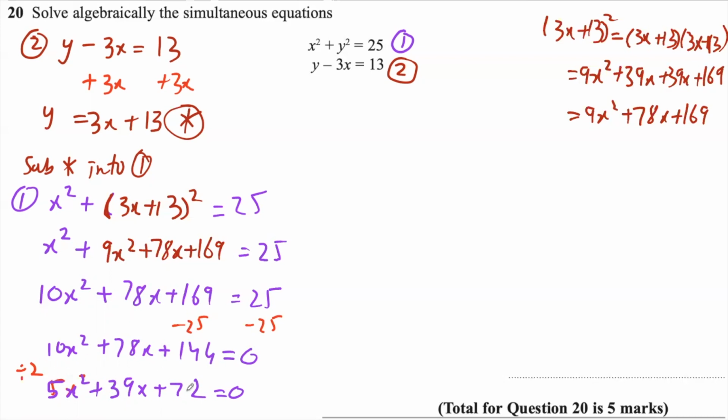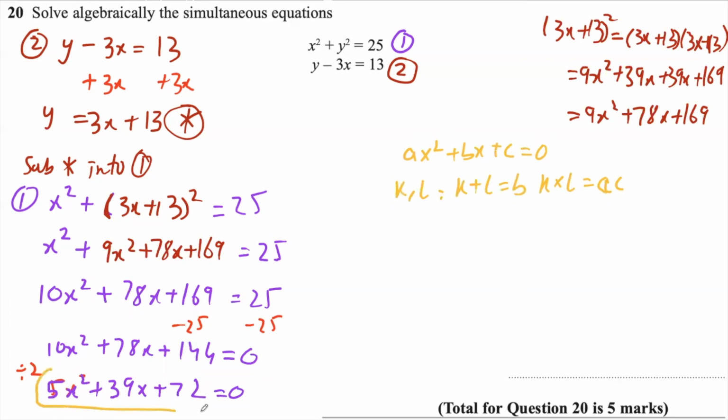Now, this reminds me of ax squared plus bx plus c, right? So remember, if you have ax squared plus bx plus c equals 0, then you're looking for two numbers k and l such that k plus l equals b and k times l equals a times c.